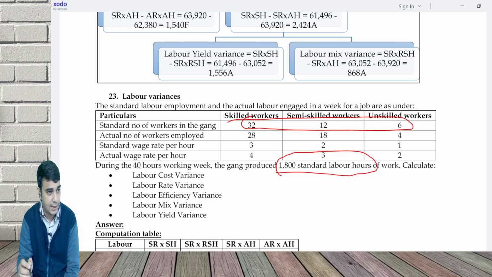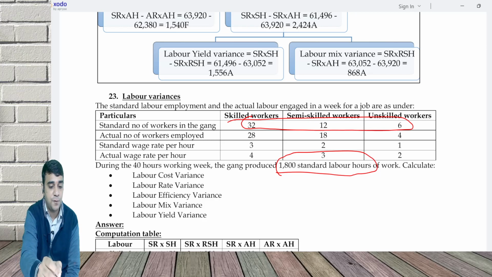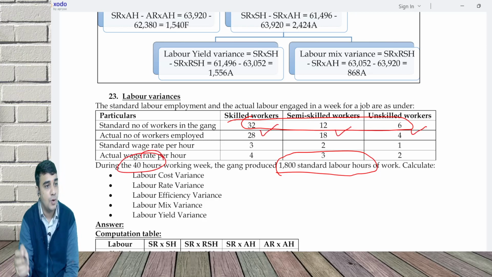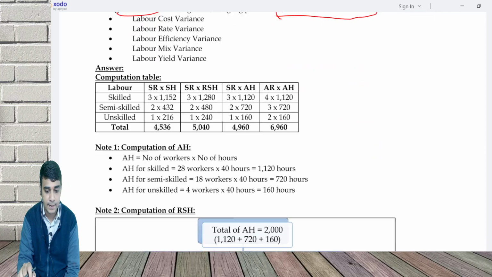That is the standard time. Actual time is 40 into 28 into 18 into 4. Total of this in the ratio of 32, 12 and 6 is RSH. SR, AR directly available in the question. 3, 2, 1 and 4, 3, 2. Any doubts?